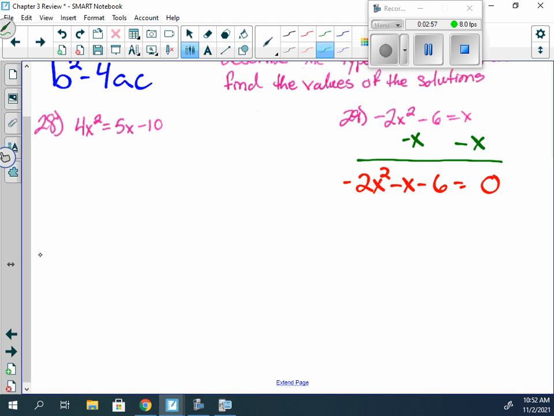So at this point here, we do need to plug this into our b squared minus 4ac to be able to find the value of the discriminant and the number and types of solutions that we would have. Now, when looking at this here, what is going to be the value of b?